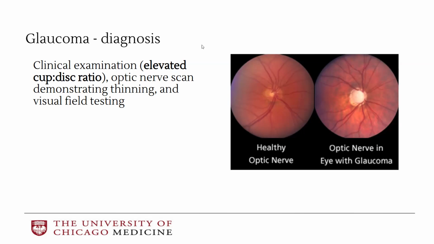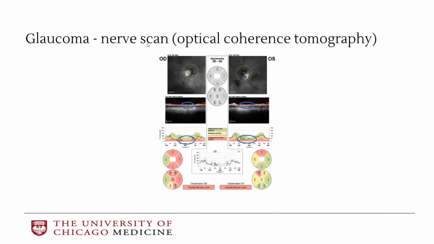So your ophthalmologist will look at your nerve, they'll dilate your eyes, they'll examine your eyes and see what a nerve looks like. And if it looks healthy and the eye pressure is good, then you're all set. Come back in a year. But if your nerve looks like this, they'll want to do some more testing to see, are there any signs of damage to the nerve?